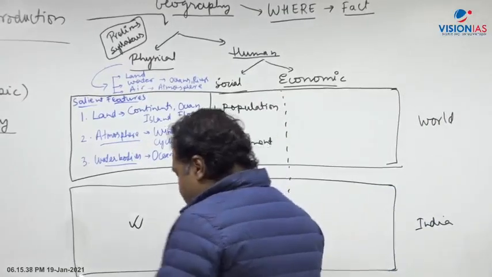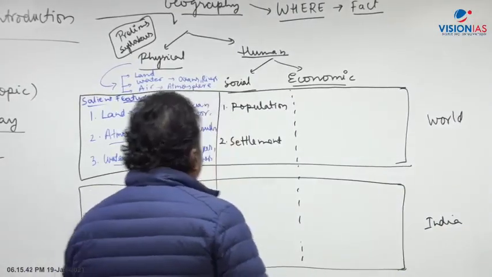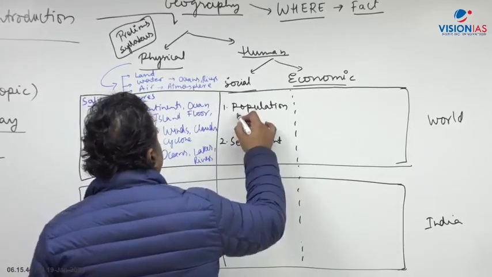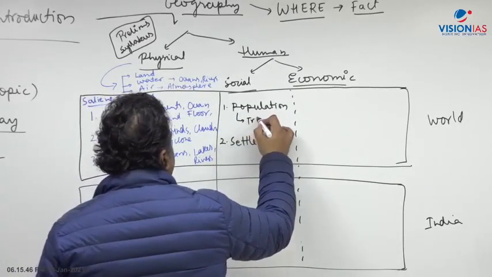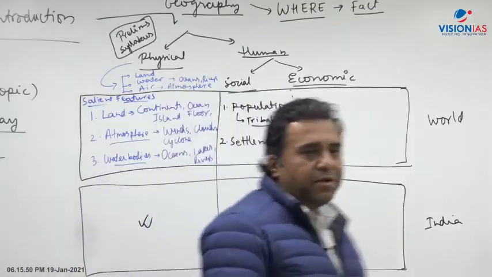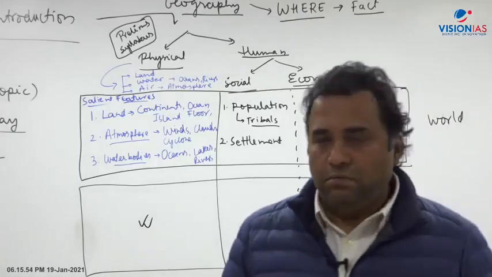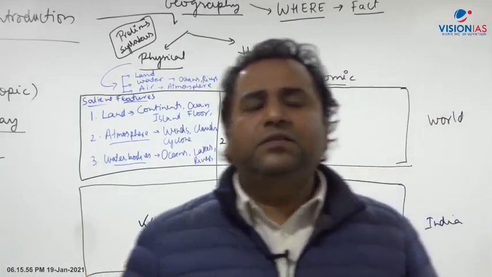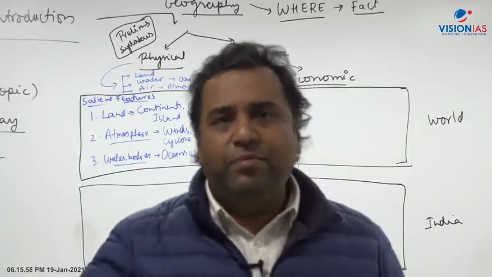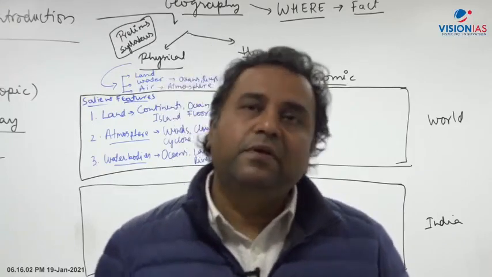Then apart from this, do you have something more? Yes. When you talk of the population, tribals also come within them. The tribals. Why? Because tribal people are special people. Why are they special? They are not special because of reasons such as they are less in number and all that. I'm not talking of that. I'm talking from geography's perspective.